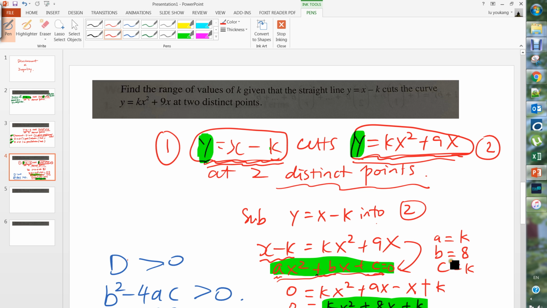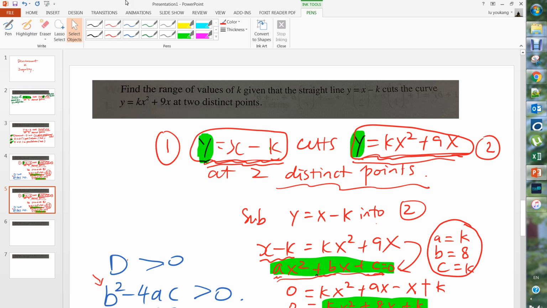So with this, you can start to input this a, b, c into this b squared minus 4ac bigger than 0. Okay, so I will get one more slide to do it. But before that, let me erase some of the things first.